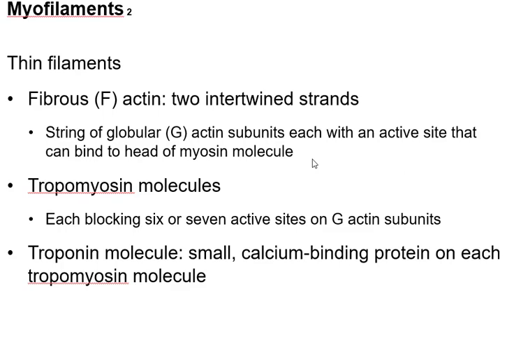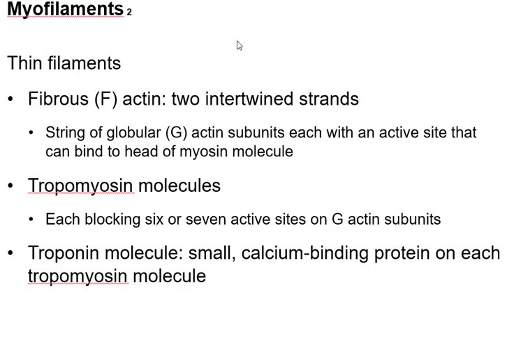It's like taping it off, so you can't get to it. And then along the tropomyosin, there are little troponin molecules, and they hold on to each of the tropomyosin molecules, and they're activated by calcium. So remember the Sarcoplasmic Reticulum where we have that calcium?